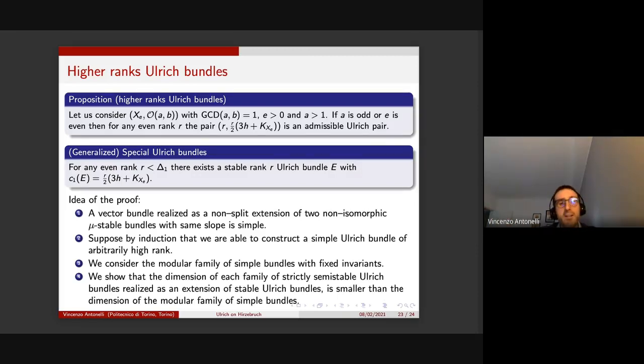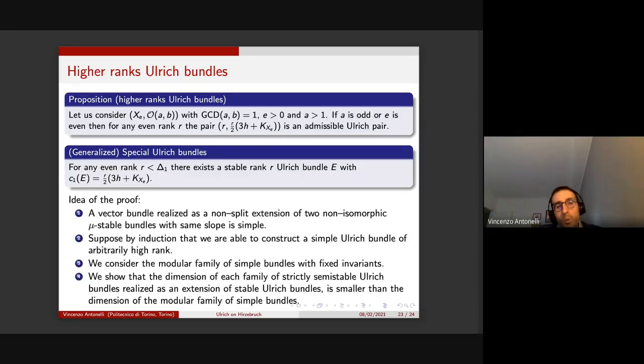The last thing is that one may think that the hypothesis R smaller than delta 1 can be a bit restrictive, in the sense that it only holds for some ranks.